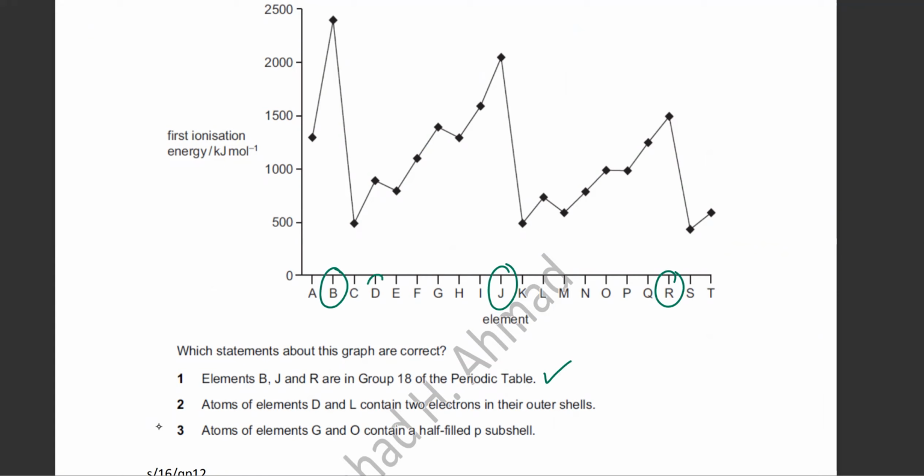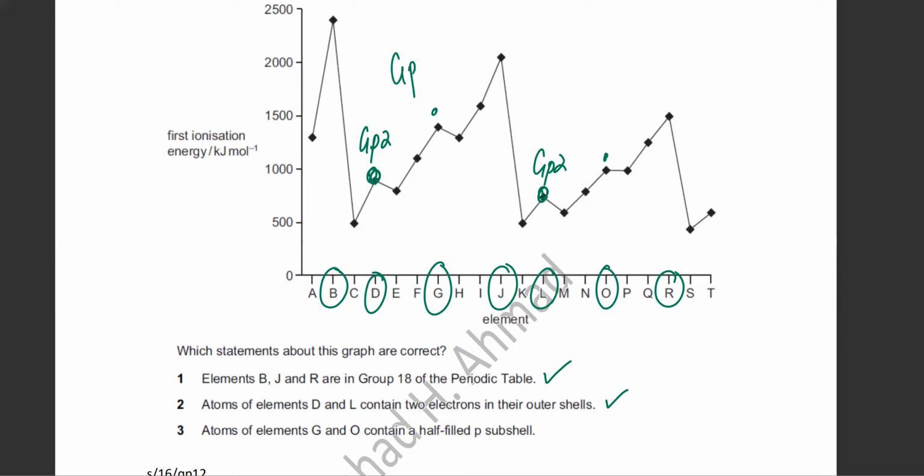Which group is D in and which group is L in? They belong to group 2, so they do have 2 electrons in the outer shells. G and O contain half-filled p orbitals. G is which group? And O is the same group. Group 15.